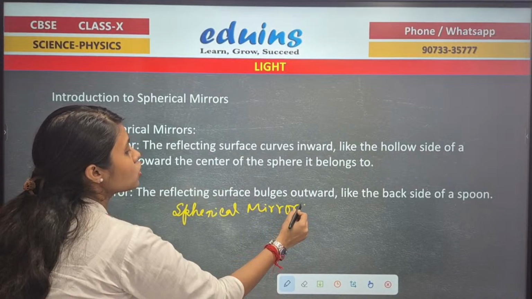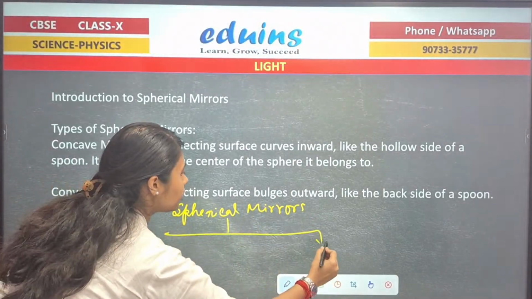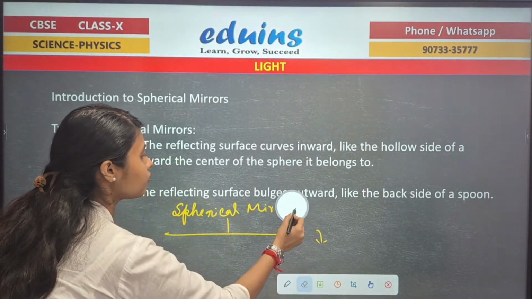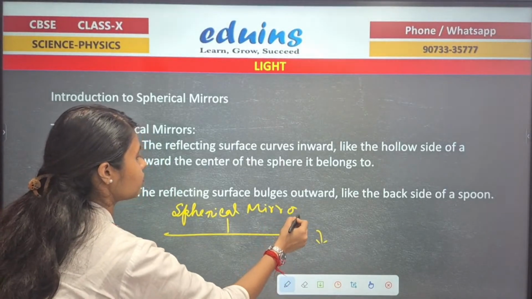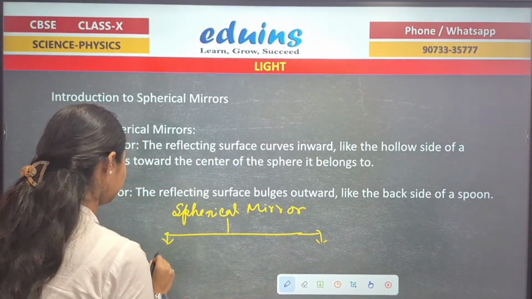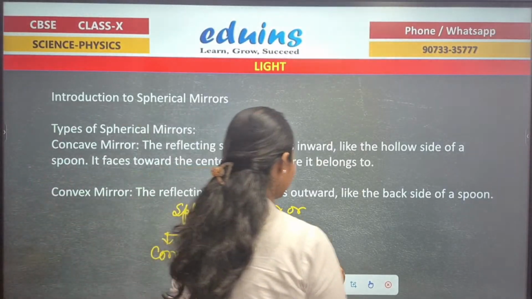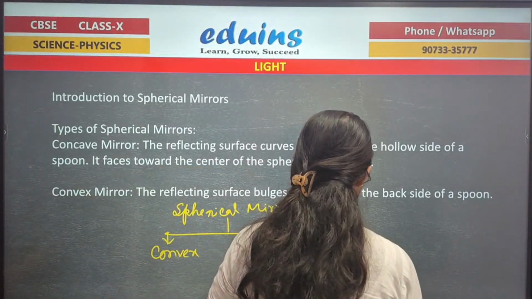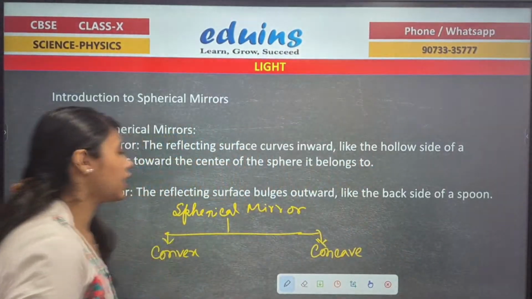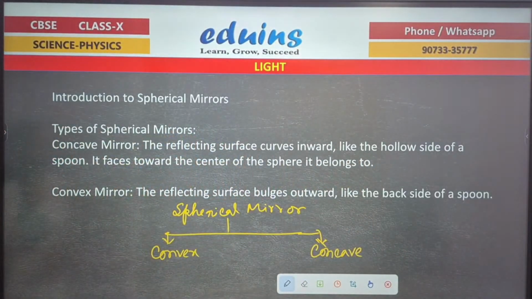There are two types of spherical mirrors: one is concave and another is convex. Which one is concave and which one is convex? We have to know it first.